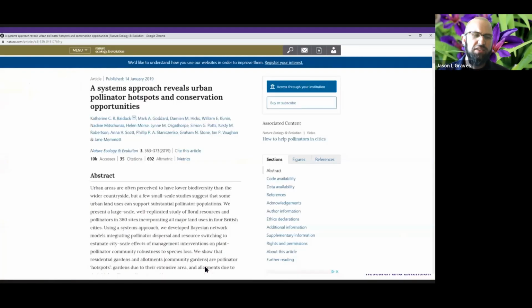I like this little study that was also done last year that has revealed that pollinators can actually thrive in urban environments. In fact, urban environments and cities, home gardens and landscapes may be really key to the future of pollinators with the land use changes that we talked about earlier.